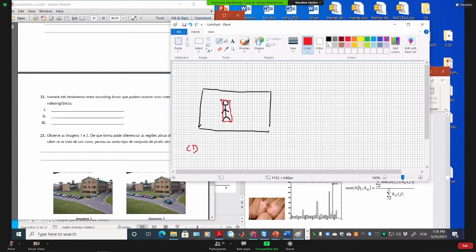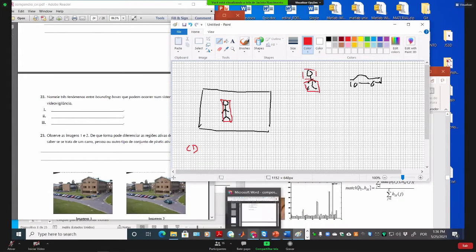Another situation is whenever you have a pedestrian, for instance, or even a car, and you have something like this here, so two bounding boxes to represent the pedestrian.